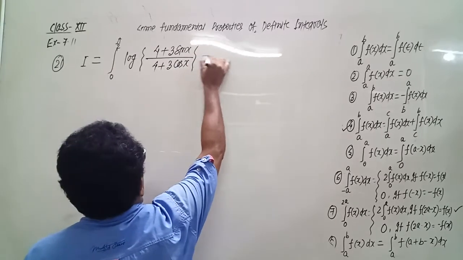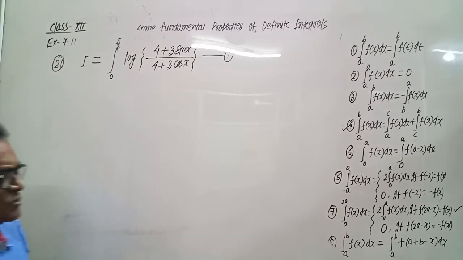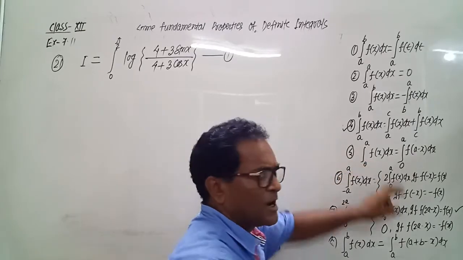So this is the first equation, and since the limit is from 0 to a, we use the property number 5.